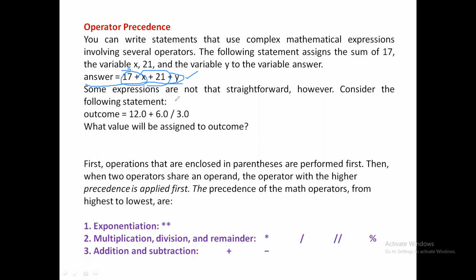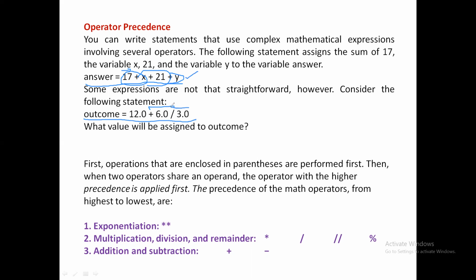But if you consider some expressions in Python language, they might look like this, where the set of operators used in the corresponding expression may not have the same priority levels. So this expression has a plus and division operation. Division operation has more precedence compared to addition operation.